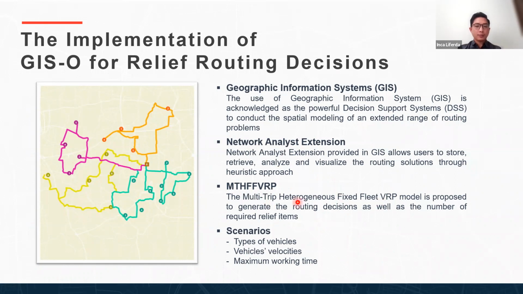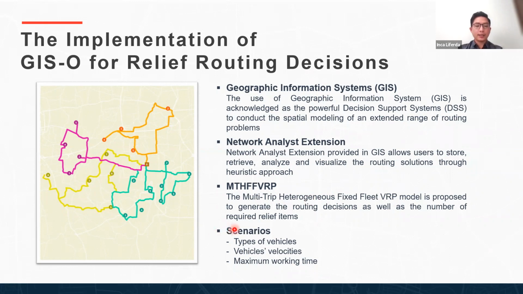It means that the vehicle is allowed to conduct multi-trip delivery. And the vehicles have heterogeneous capacities. So here we use it as the type of VRP problem.